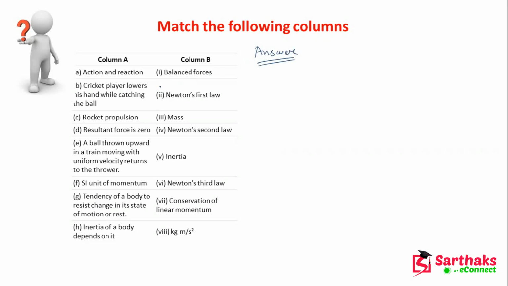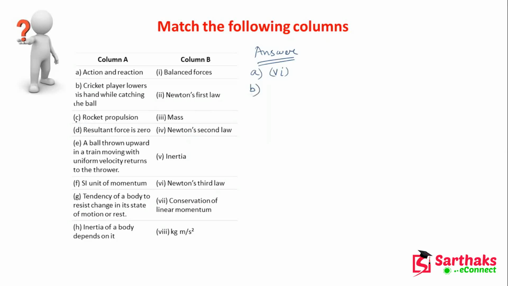So which one is correct here? First is balanced force, no. Newton's first law, mass, Newton's second law, inertia, Newton's third law, right? So for action, Newton's third law, it has been stated that every action has a reaction. So for A, the correct answer is 6, that is Newton's third law.